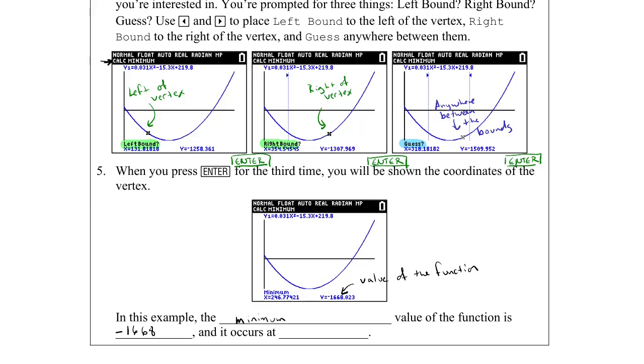And then the x value, we say it occurs at the x value. So we say it occurs at this number. And I'm going to round that to the nearest whole number too, 247. In a real world situation, we would know what we want to round to. In a homework problem, you'll be told what to round to. The minimum value of this function is about negative 1668, and it occurs at about x is 247.